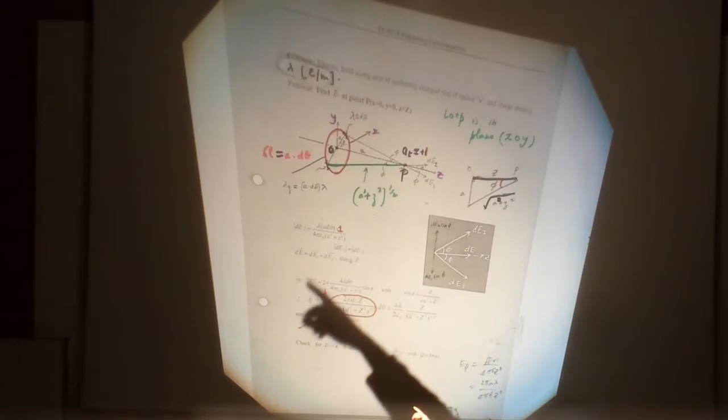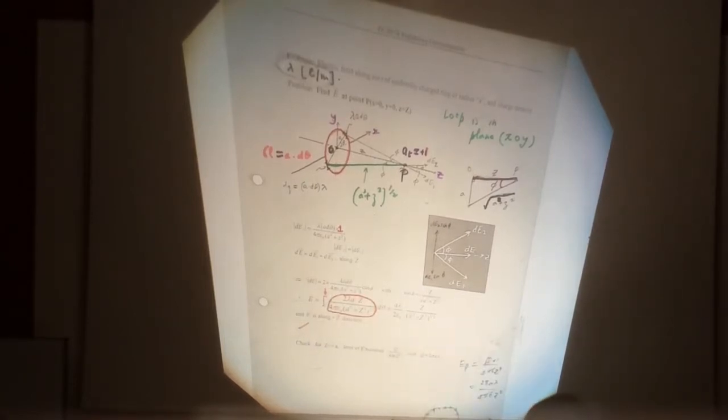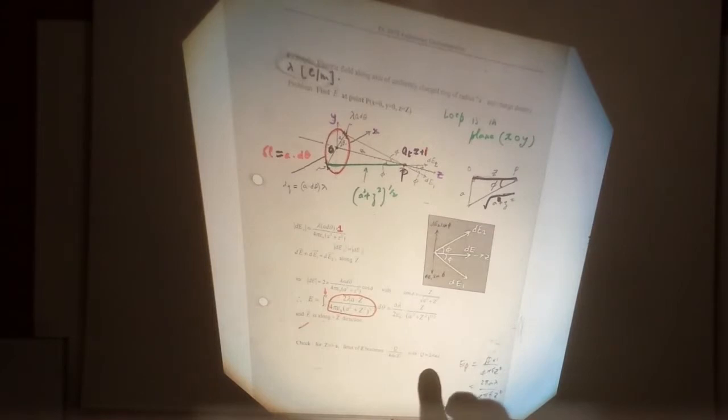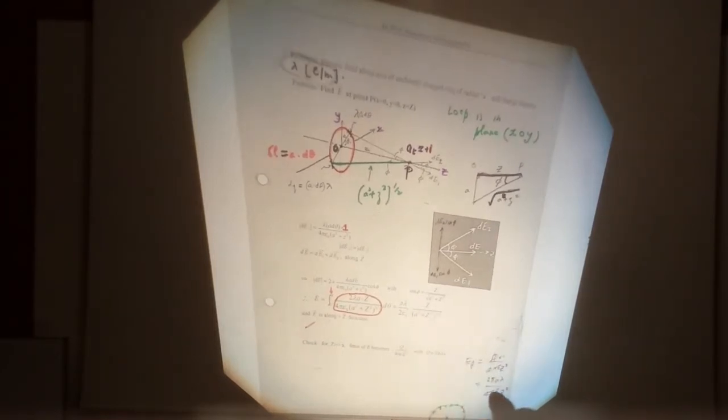As you go very far away, that ring appears to be a point. When Z is much bigger than A, you find that it's as if the whole ring of charge is 2 pi A times lambda, which is Q. Very far away is Z, so therefore it is 2 pi A times lambda multiplied by 1 at the point P very far away over 4 pi epsilon Z squared. It's here. Z is bigger than A.